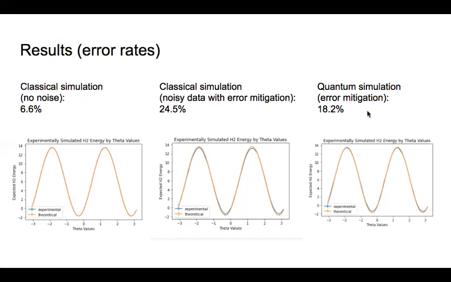And on the quantum simulation with no noise added, but just natural noise from inherent quantum error, the built-in error mitigator still led to an 18.2% error rate. So it's clear that this method is not really that adaptable or great.